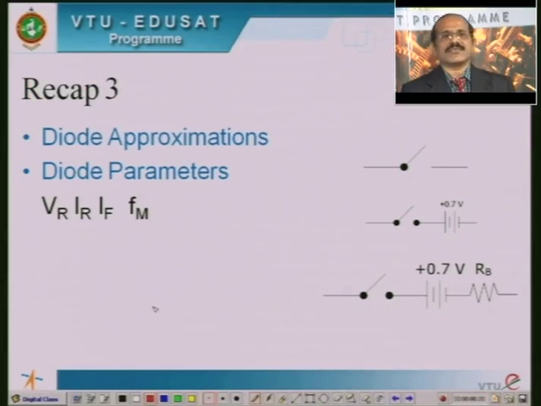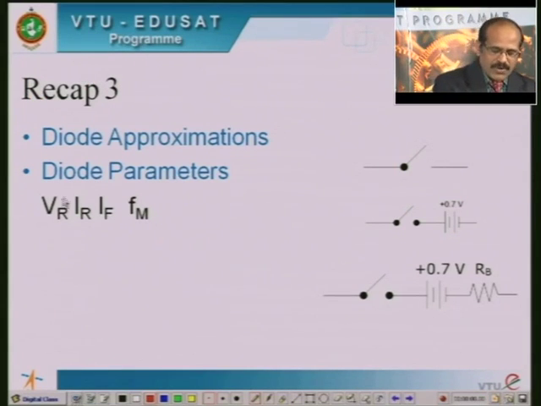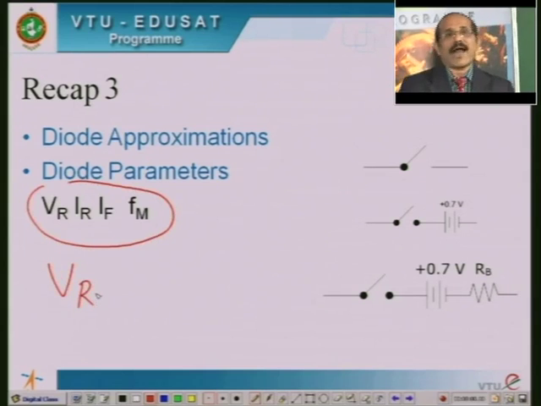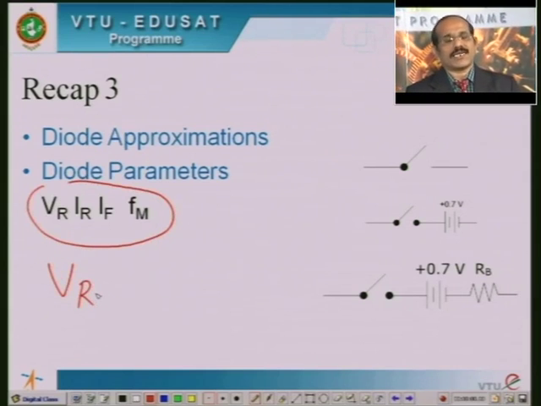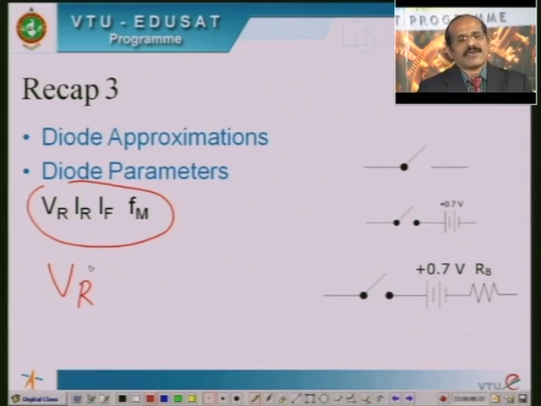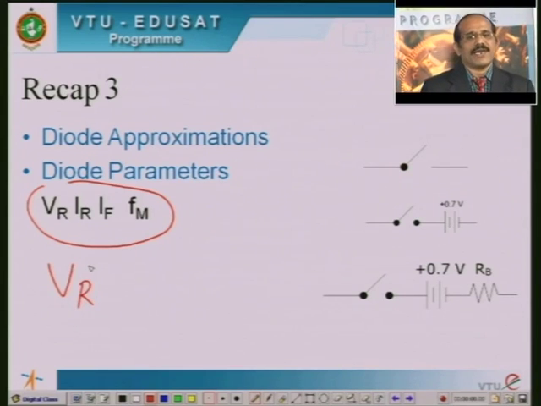And also we discussed some of the diode parameters. We have discussed four parameters. One is VR, that is defined as the maximum value of the reverse voltage that can be applied to the diode. If the reverse voltage exceeds this VR value, the diode will get damaged.